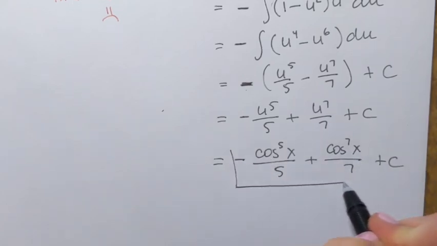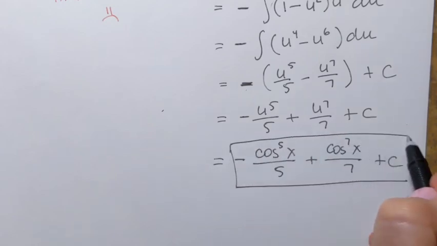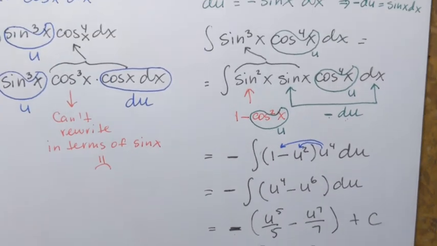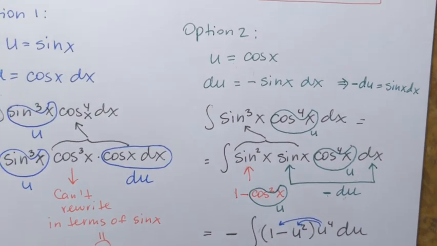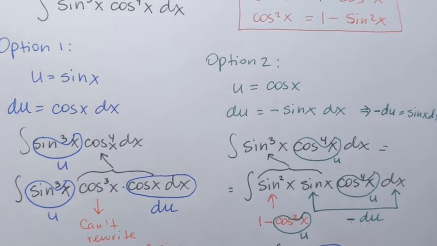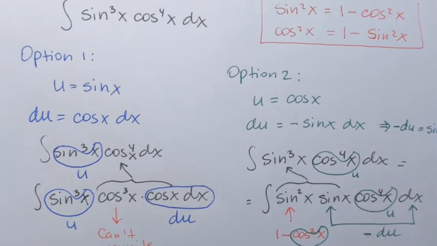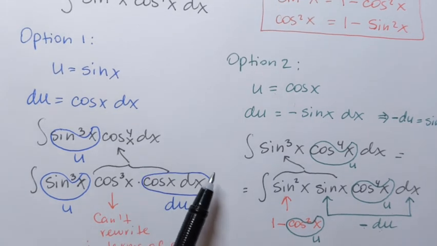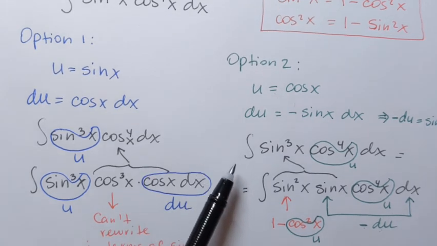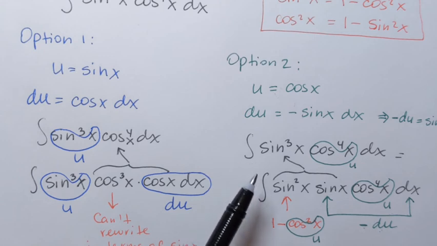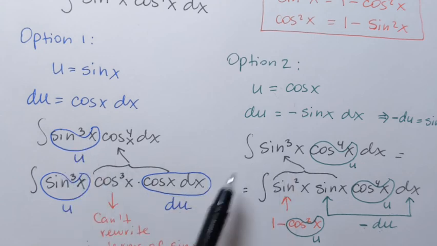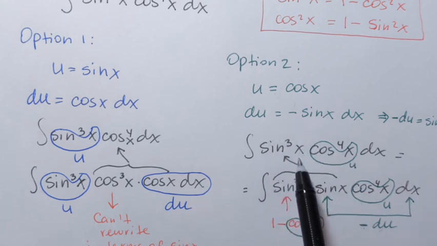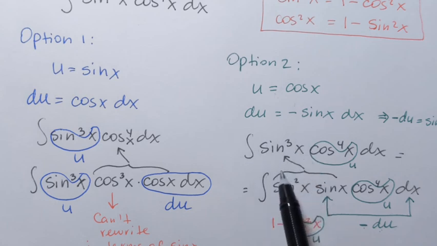And that's the answer. Now, if we summarize the process and refresh what we tried at the beginning, remember how we tried different options and one option failed us and the second option worked. What can we learn from our experience here? We can learn that if a trigonometric integral involves trig functions with odd powers, like we had sine to the 3rd power, we would want to keep this function and use it later.